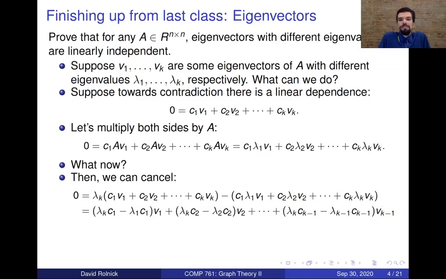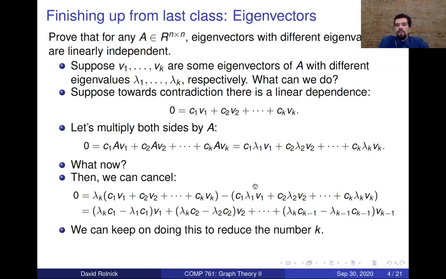What do we do now? Yeah, we could just continue the same process, continue reducing the number of eigenvectors.